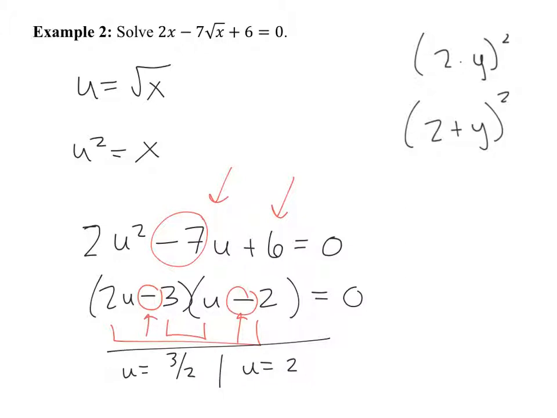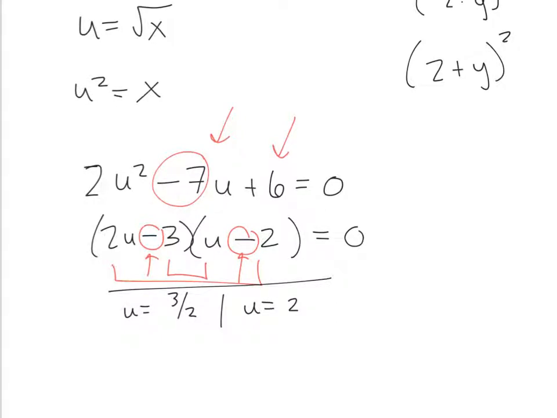So if those are the values of u, what do I have to do again? What's the last step for these problems? If those are the values of u, what should I do with them? Well, plug it into what u stands for, so radicalize. So u gets plugged into whatever it stands for, which is the let statement.